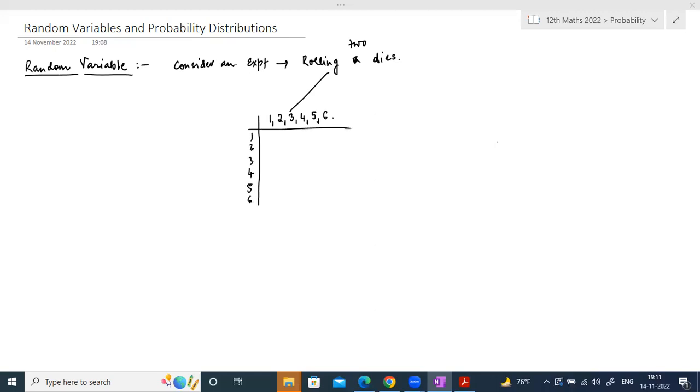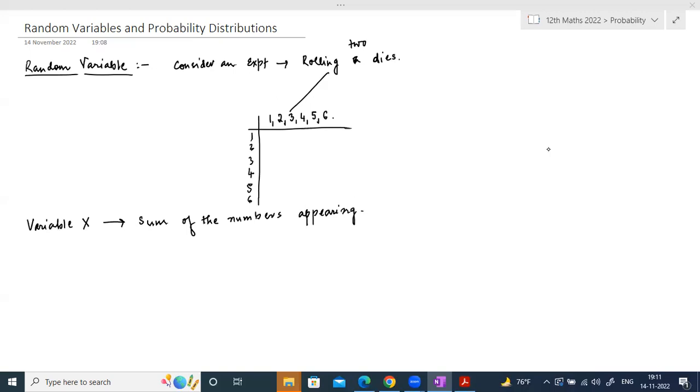Now, in this simple experiment, if I define the variable x to be the sum of the numbers appearing, right?